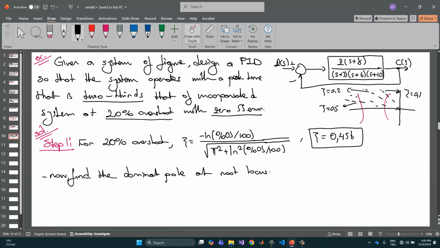Okay, and so at each gain of k a different line in here, and after that maybe we can find the zeta equal to 0.456. We go to this point, and this point shows us one pole and one k value at the root locus.